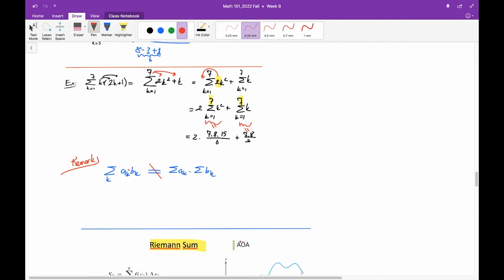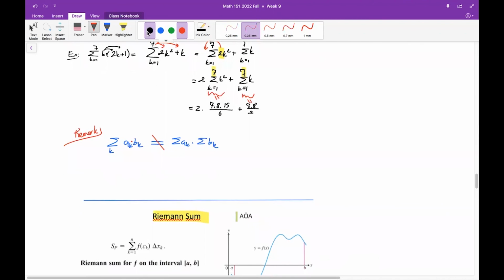They are not the same. For example, let's say you are trying to compute a finite sum of this form, a_k b_k, k from 1 to 3. Okay, that is a1 b1, a2 b2, a3 b3.